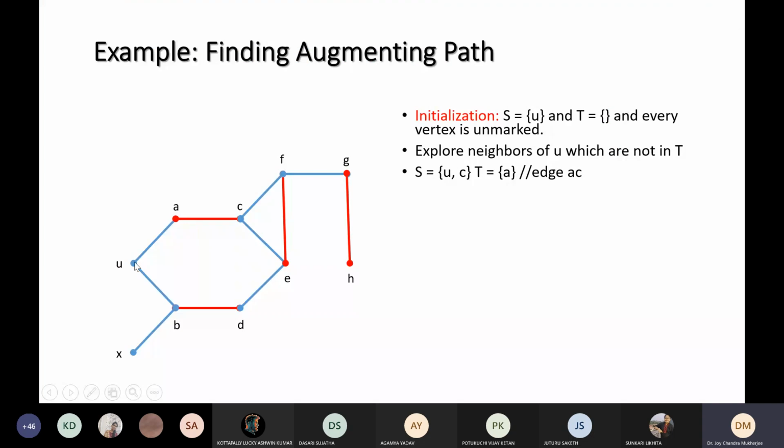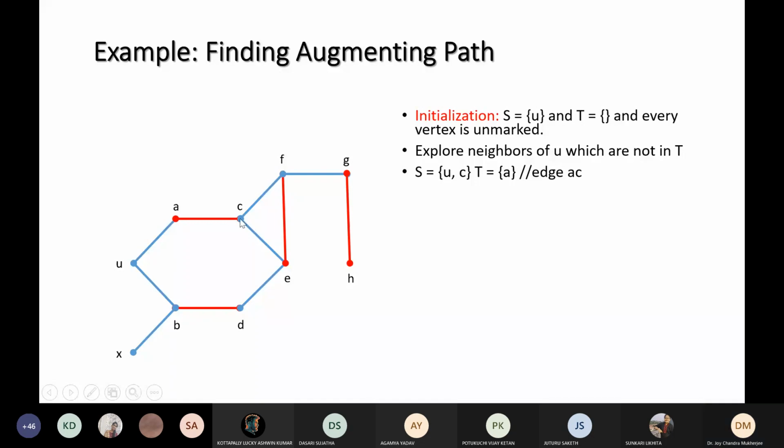Now from U, I start a BFS. I reach A. A is saturated, so I am going for an M-alternating path. I start from an unsaturated edge followed by a saturated edge.